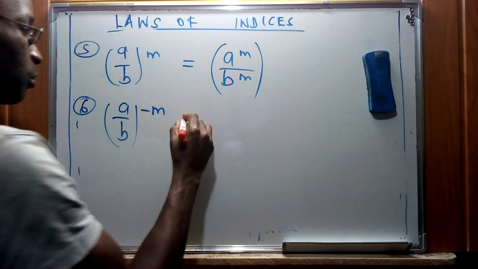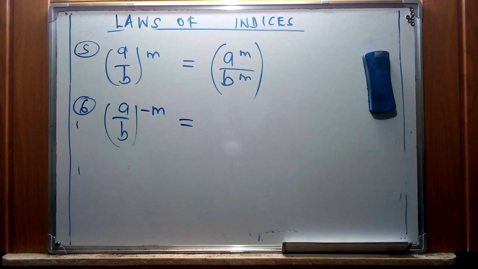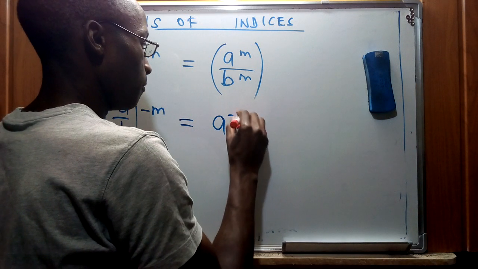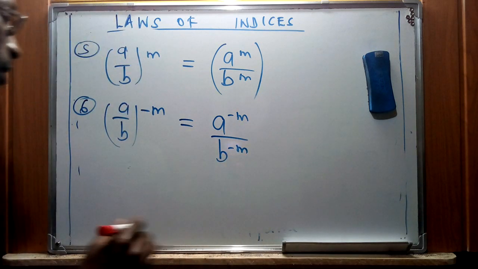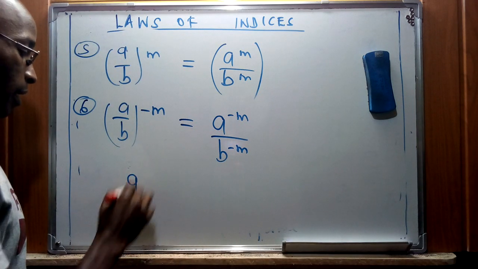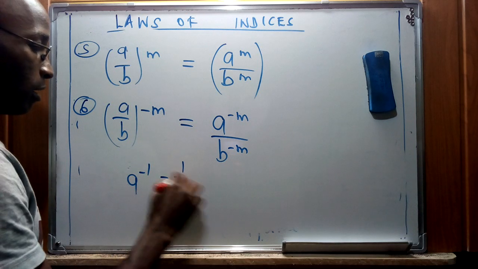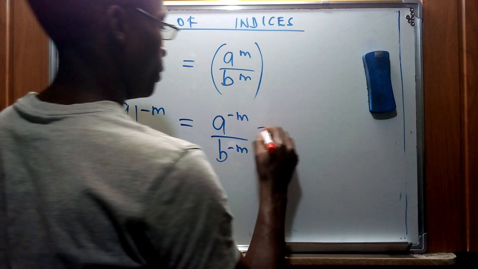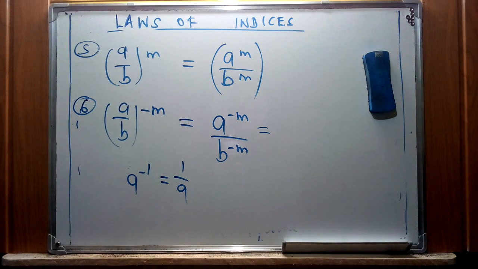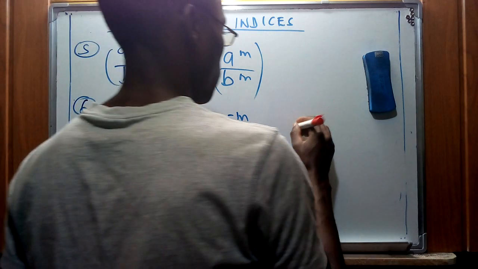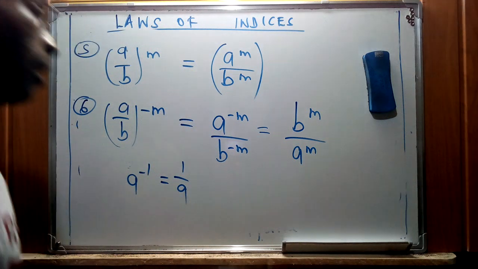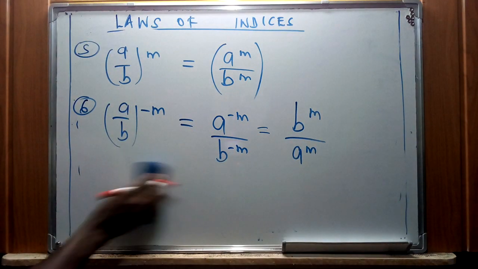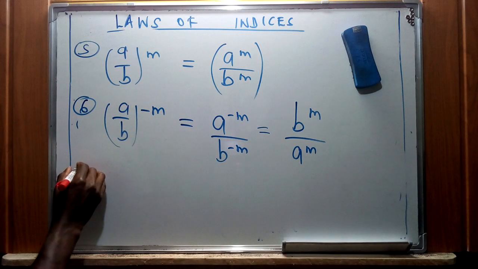So therefore, we're going to have this one represented as a negative m over b negative m. Now, since we said that we can represent a number a negative 1 as 1 over a, we're also going to extend this property and give it in another format whereby we have b m over a m being part of that specific law of indices.